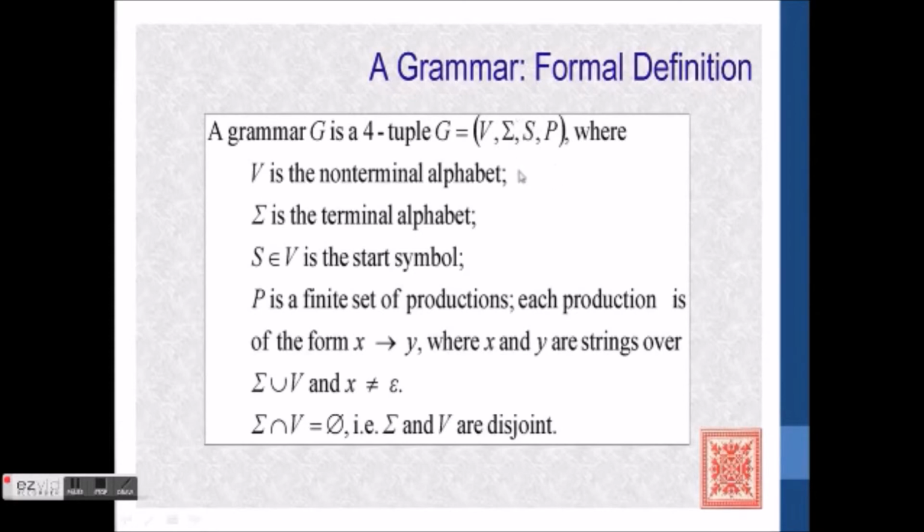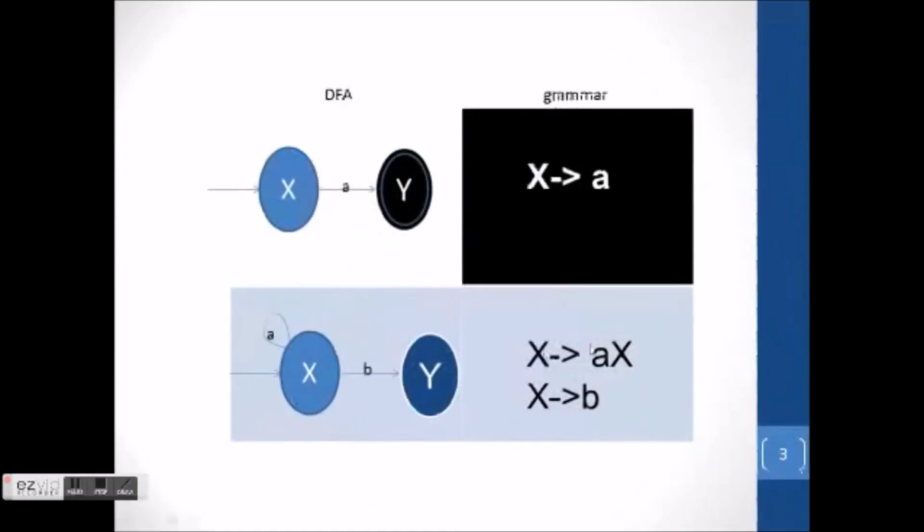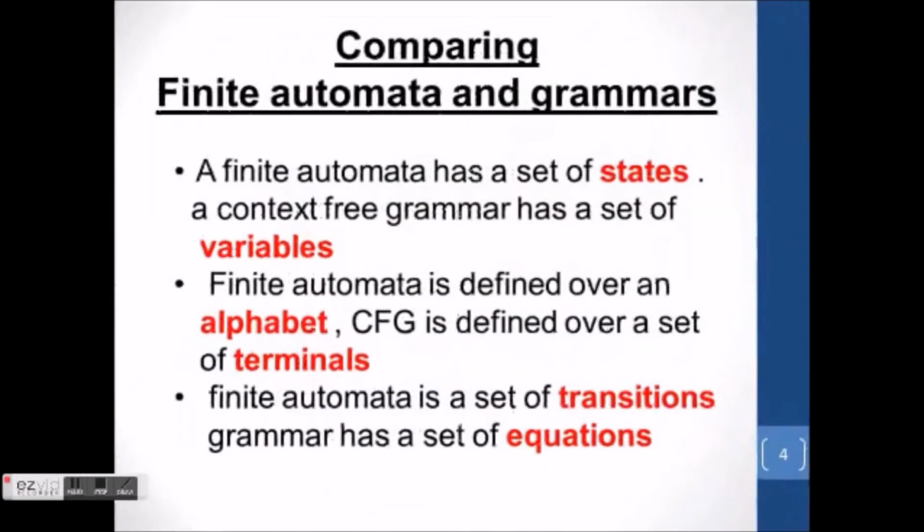The terminal alphabet is the small a, small b, small c, whatever it can be, and the start symbol is the state from which the language actually starts. Here we have X as the start state, and A and B are the terminal alphabet.